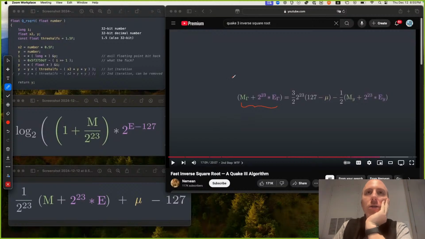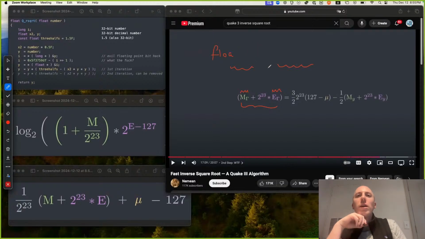You want the mantissa of gamma and the exponent of gamma, so you can form the float of gamma. Yeah, we'll see where he goes with this.